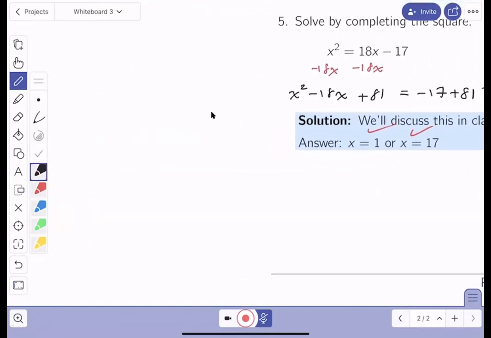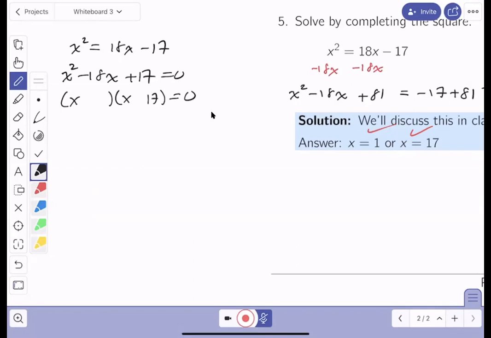I want to do this by factoring. All right, let me write that down for you. So x squared equals 18x minus 17. Remember, factoring is a zero product rule. So subtract 18x from both sides and add 17 to both sides. Again, this is my favorite technique if it works. x and x, 17 and 1 is my only choice.